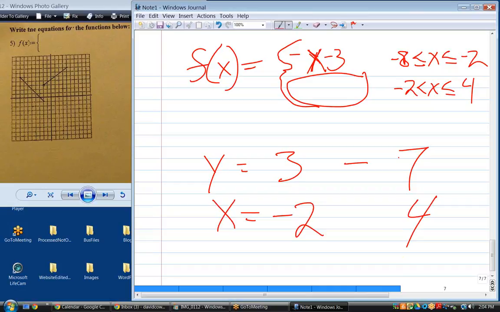What is that slope? Would it be -4 over -2, or would it be +2? Well, let's do it by y sub 2 minus y sub 1. Slope is y sub 2 minus y sub 1 divided by x sub 2 minus x sub 1.